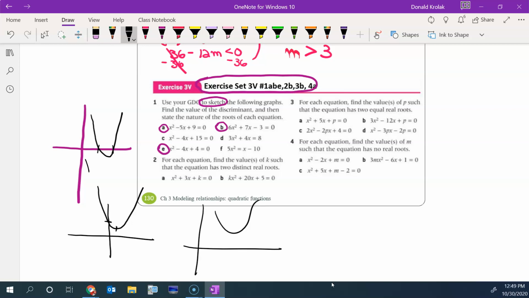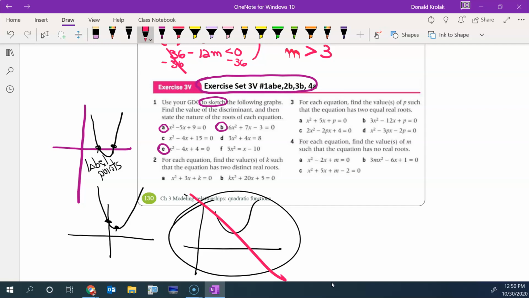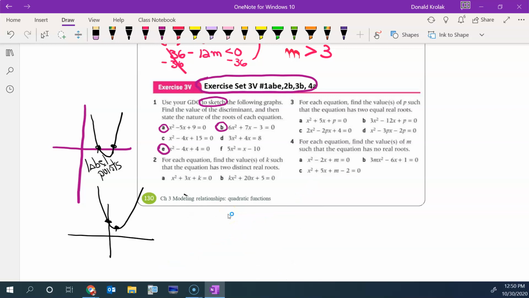You got to label the points on your drawing. So that could be intercepts, or a vertex and an intercept, or both intercepts. It's just not this. That doesn't cut it as a sketch. It really depends on what it ends up looking like.